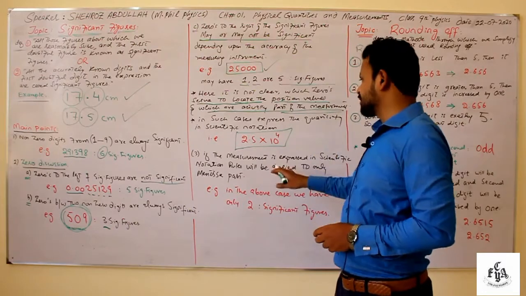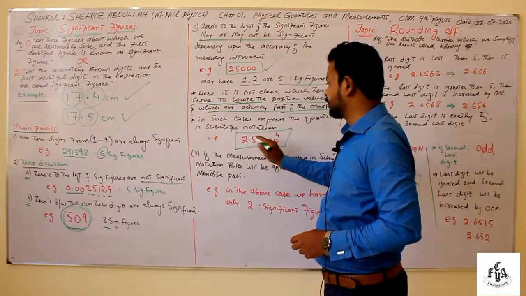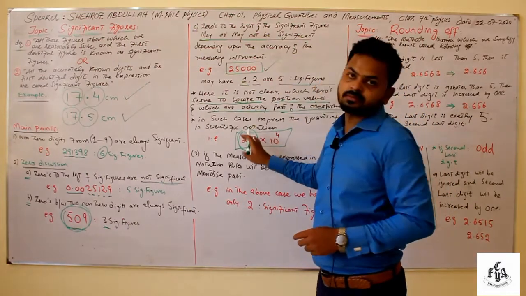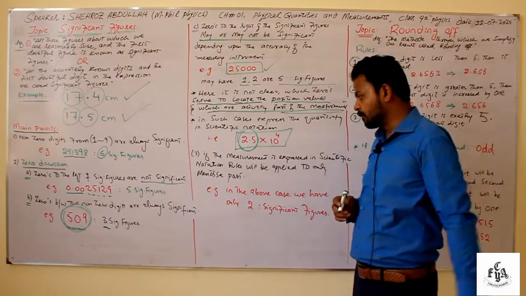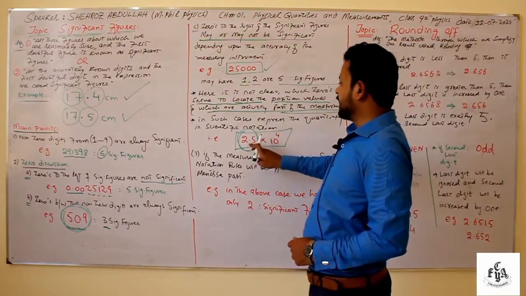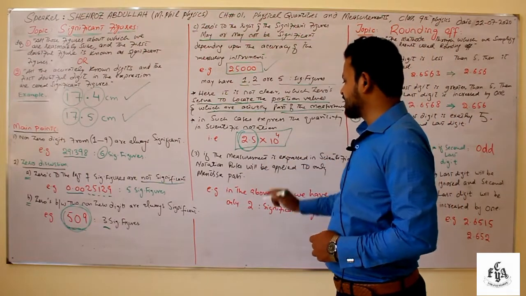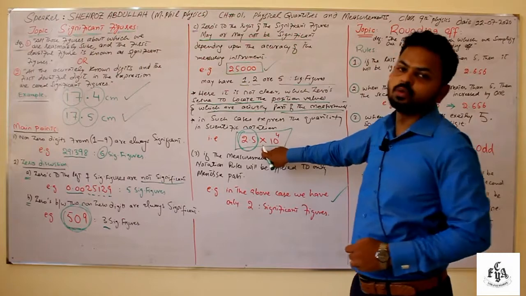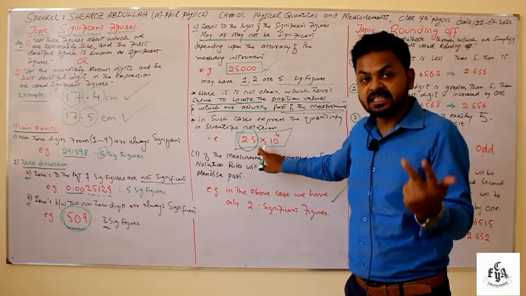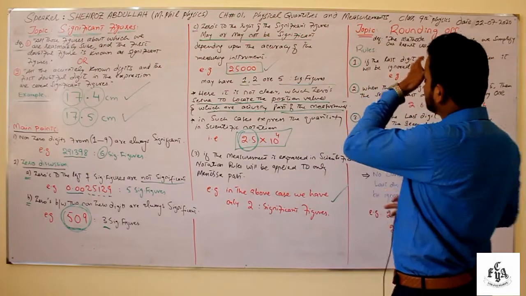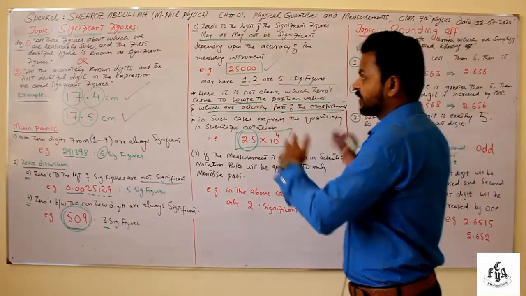We have no concern with the power of 10 part. In this 2.5, we have just two significant figures, 2 and 5. These are the two digits which are significant over here. Done? Okay.